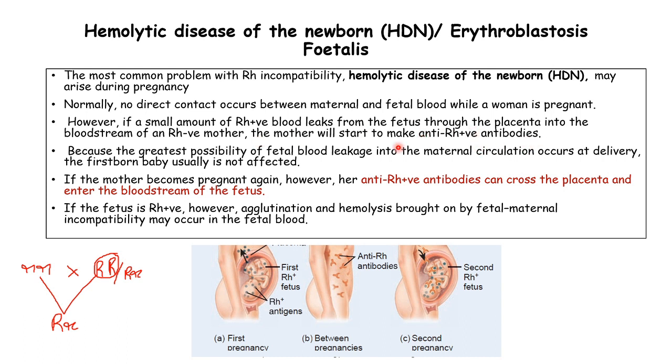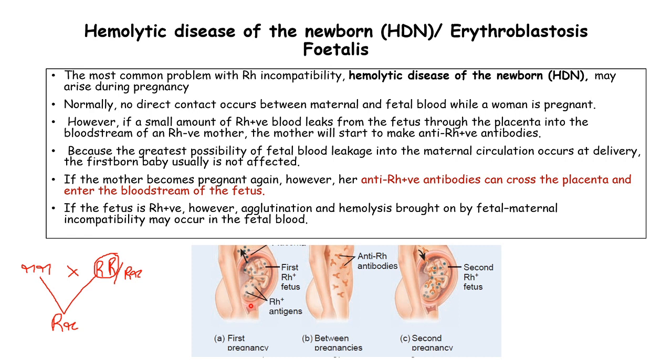This happens during delivery or parturition, when the placenta is being separated from the mother and a small amount of blood mixes. Until then the child will not have any problem.